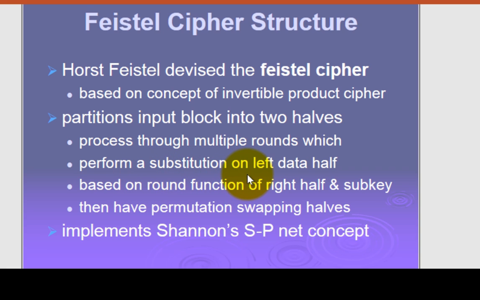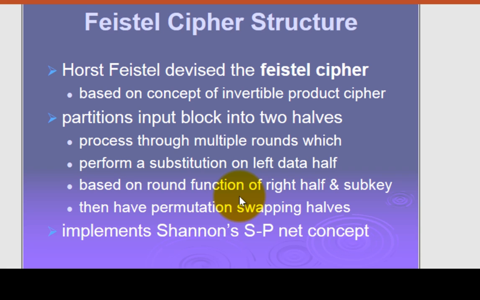It performs a substitution on the left data half based on the round function of the right half and a subkey. The substitution is done to the left part because you divided the plain text block into two parts, left part and right part.